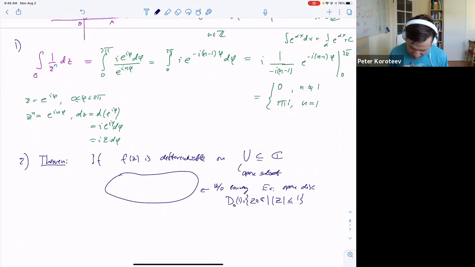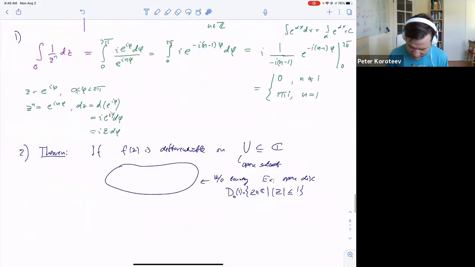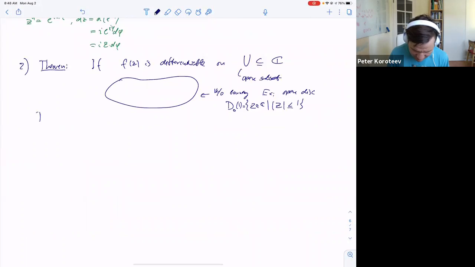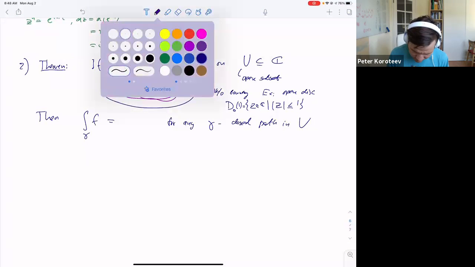So if f is differentiable at every point in U, and this is not the case here, right? So if you take some open disk containing the origin, this function is not differentiable at the origin. So the previous example will not follow the theorem. Then the integral of f over gamma, for any gamma which is a closed path in U, is equal to 0.